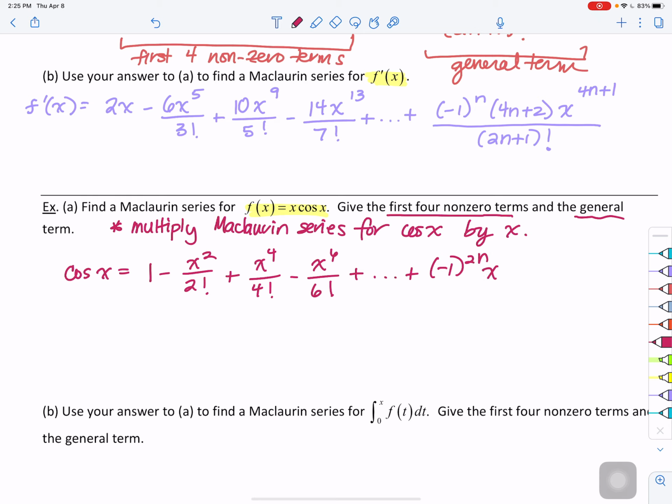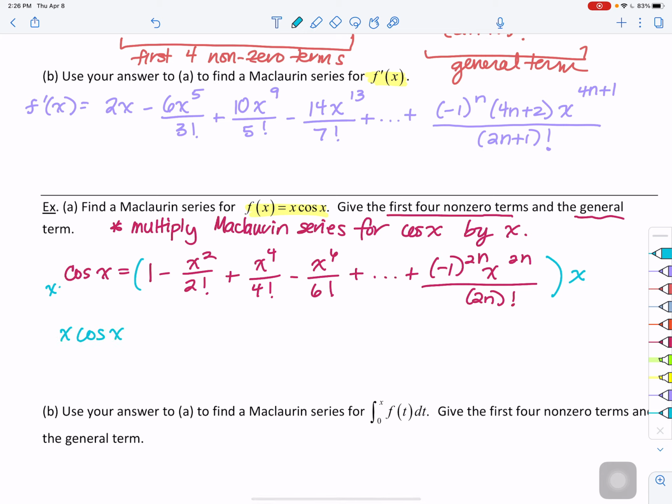We'll write our nth term. Now, what are we going to do? We are going to multiply everything by x. So, think about this. X times all of that and x times all of that. Let's see what we have.